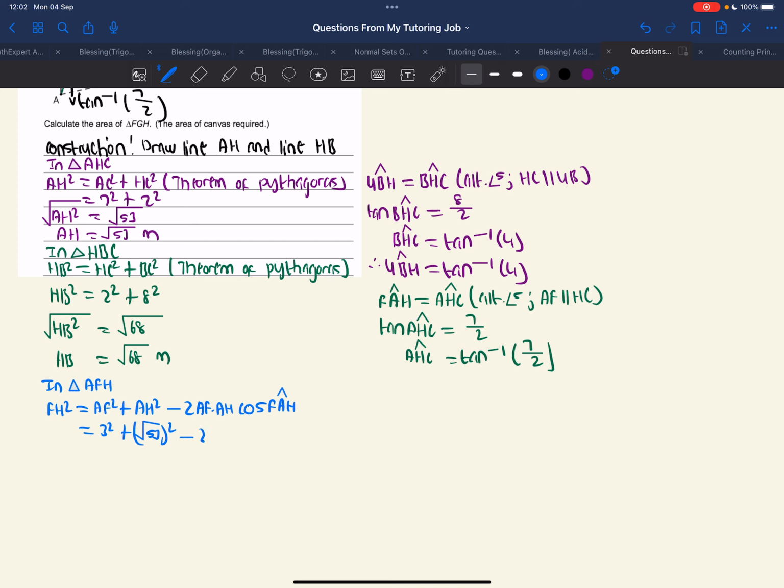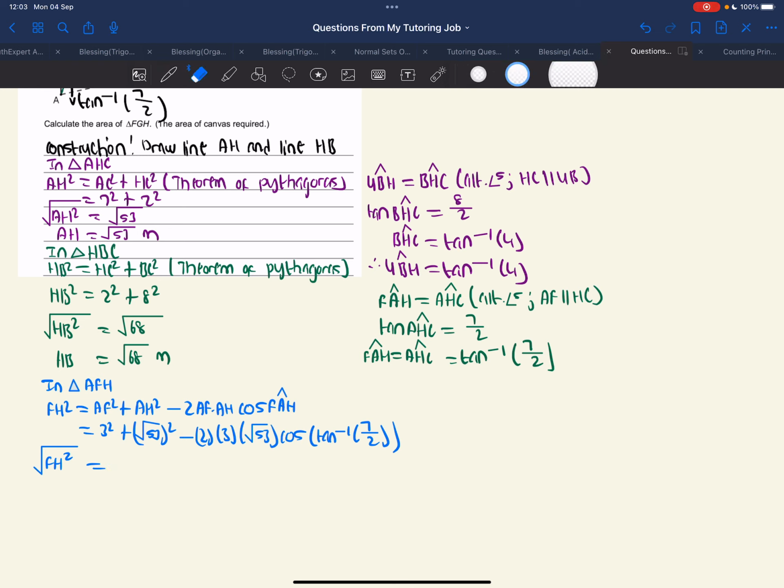Then minus 2 times 3 multiplied by the square root of 15... and cos of angle FAH is the same answer there, cos of tan inverse of 7 over 2. Then to find FH, I can just square root that whole thing.